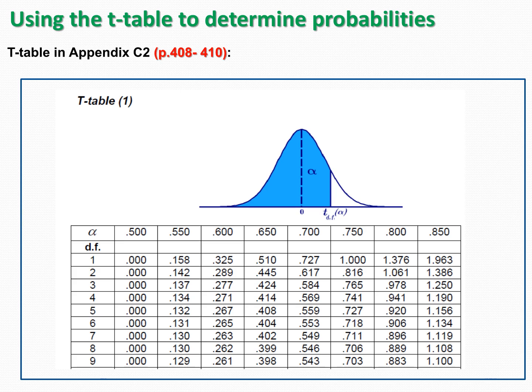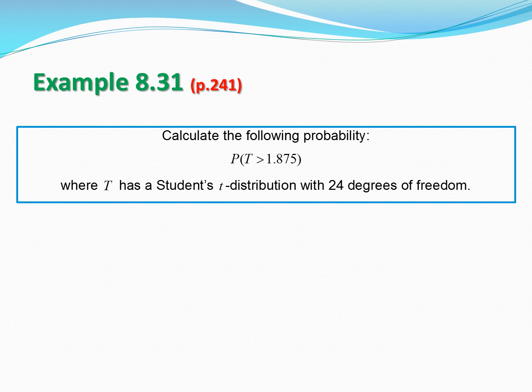But if that t value was not directly found in the table, then I would have to apply my interpolation formula. So let's look at an example of that. In example 8.31 on page 241, they tell you, calculate the following probability. The probability that t is greater than 1.875. So that's our given t value. And they tell you that t follows a student's t distribution with 24 degrees of freedom.